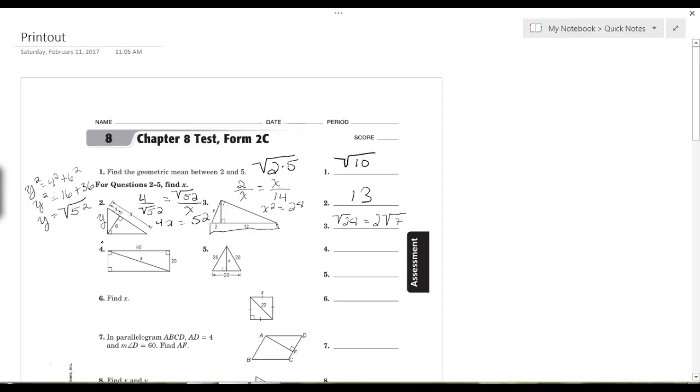My next problem, number 4, is just a very simple application of the Pythagorean theorem, because I have a right triangle, and I have the two shorter sides. So x is my hypotenuse, so x squared equals 60 squared plus 20 squared.